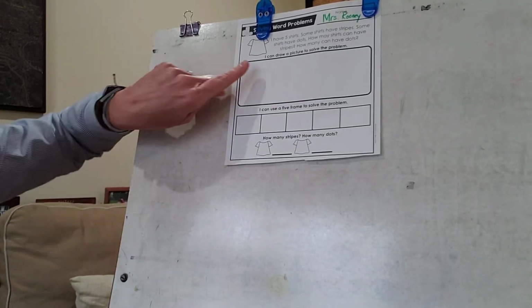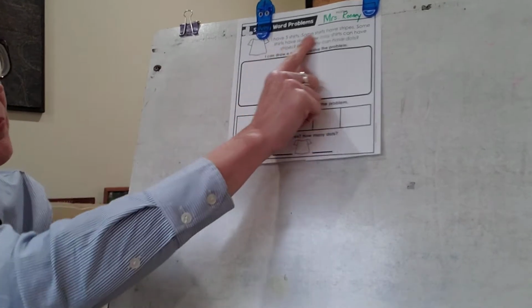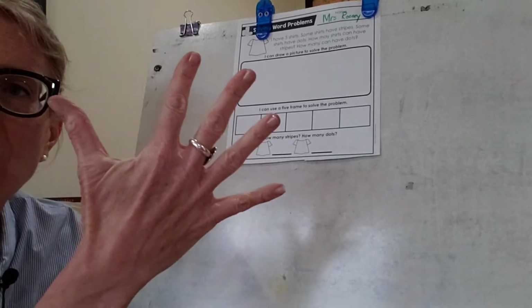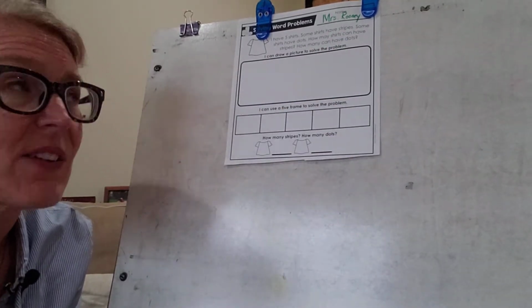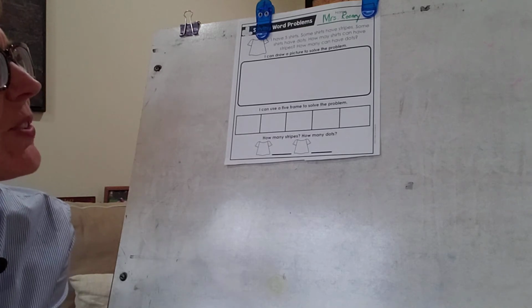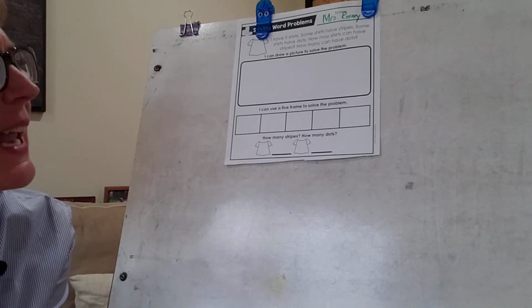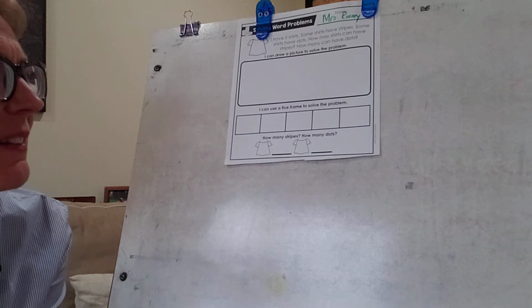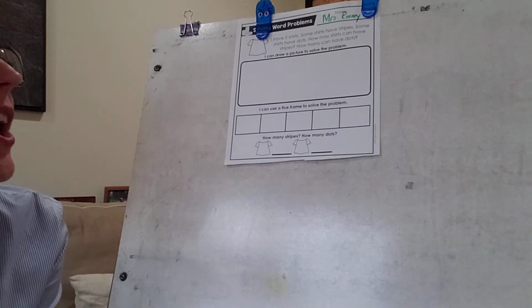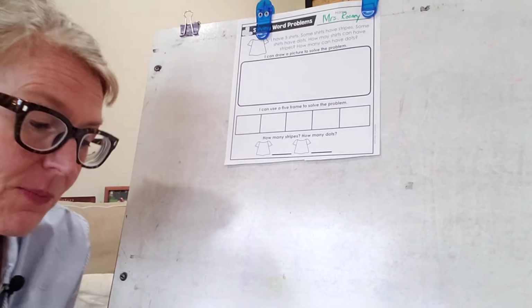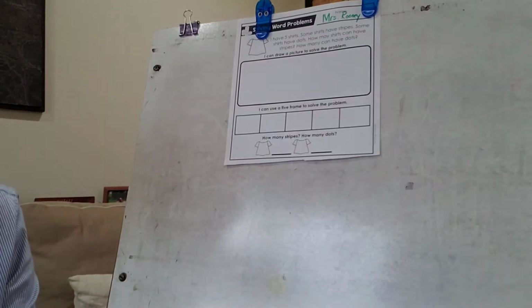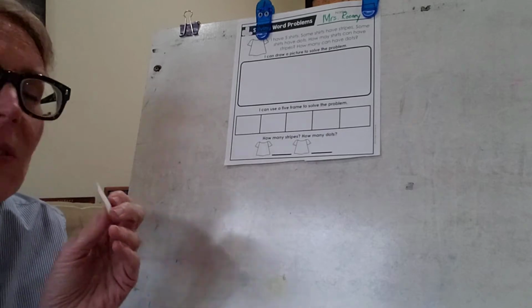The first thing it says, so I'm going to read my problem again. I have 5 shirts. Some shirts have stripes. Some shirts have dots. How many shirts can have stripes and how many can have dots? The first one says, I can draw a picture to solve the problem. Since it says some shirts have stripes, I'm going to do that first.